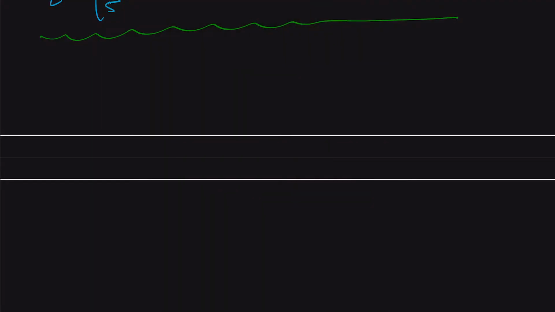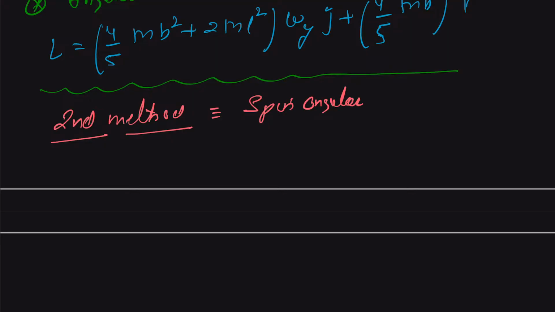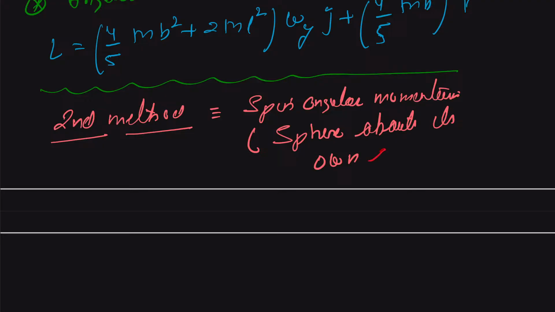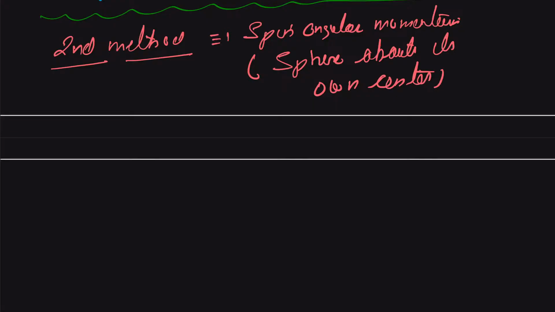So in this second method, we are going to use the spin angular momentum, which is basically the sphere about its own center. This is our first one.